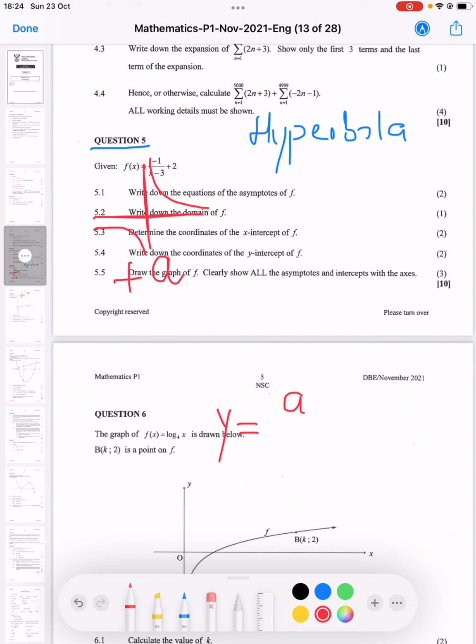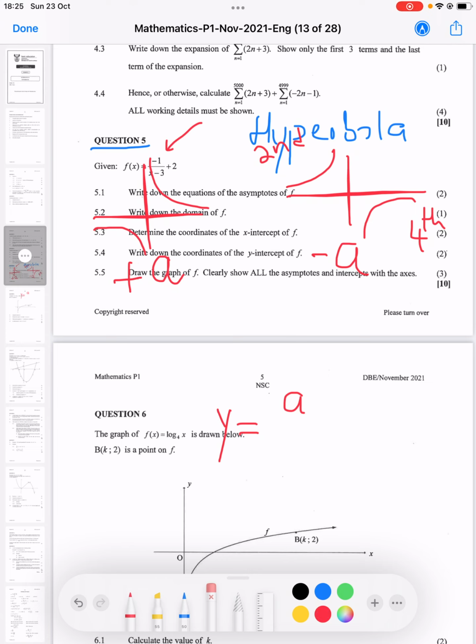And if your a is negative, that means you are going to have your function in the second and fourth quadrant. So can you see, in this case we are given a negative a value, meaning generally we are expecting our function to be drawn in the second and fourth quadrant. Very much important, ladies and gentlemen, over there.